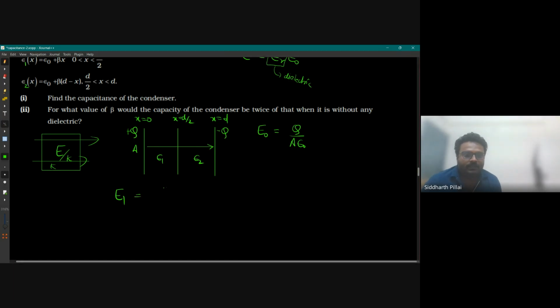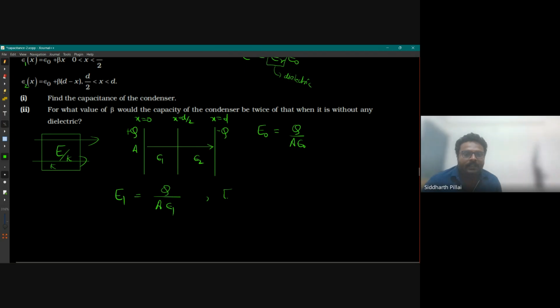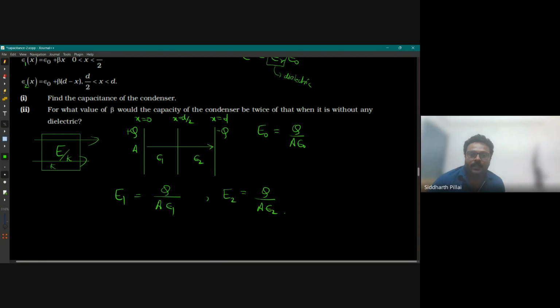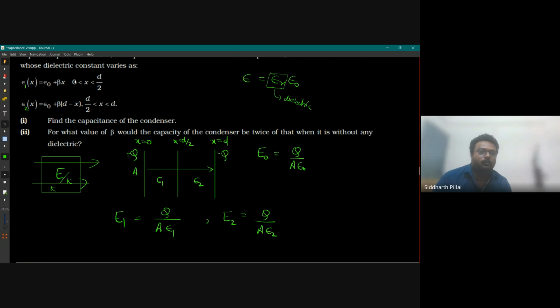So the field in the first region, let's call it capital E1, I will write as Q by A epsilon 1. And the field in the second region, from D by 2 to D, I will write as Q by A epsilon 2. We can substitute epsilon 1 and epsilon 2, which are epsilon naught plus beta x and epsilon naught plus beta into D minus x.